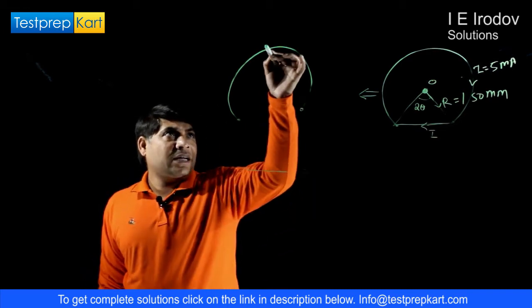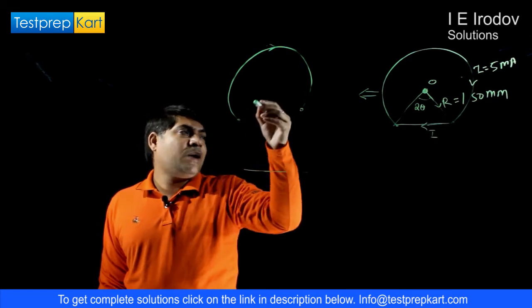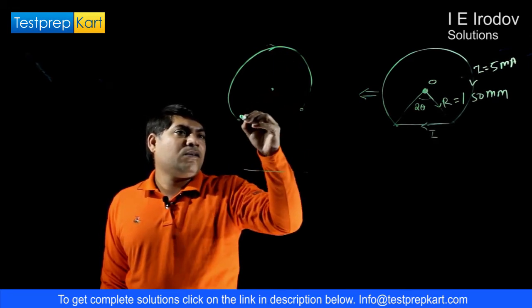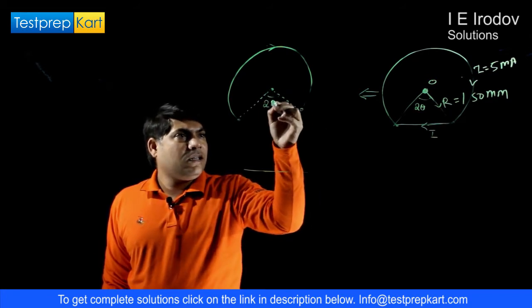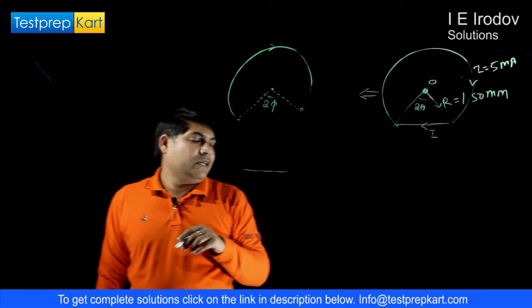One, a circle. It is part of a small circular wire, and some part is eliminated here by angle 2 phi.